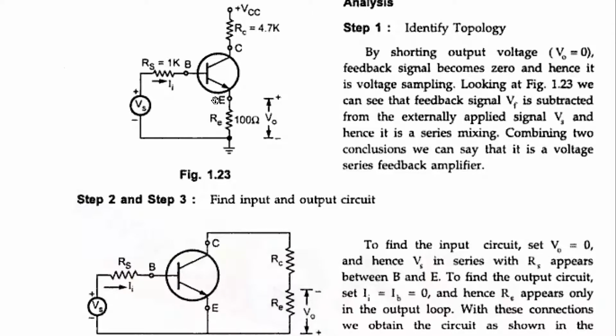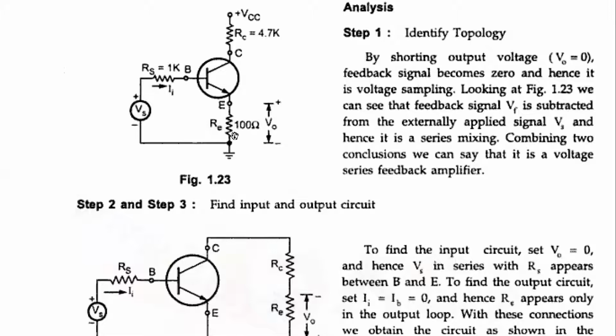Again, in the input loop, the feedback signal is also across RE. And we already identified that it is voltage sampling. So what will be the relation between the output voltage and the feedback signal? Can anybody think and answer? Say all this by thinking only, then you understand.